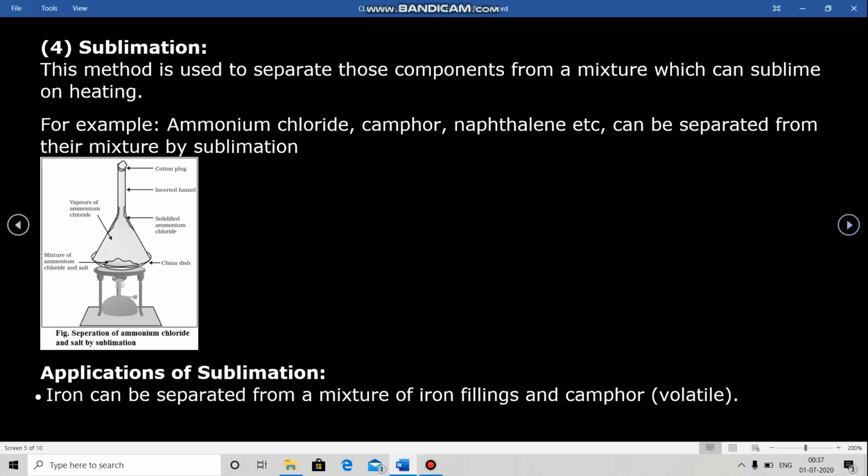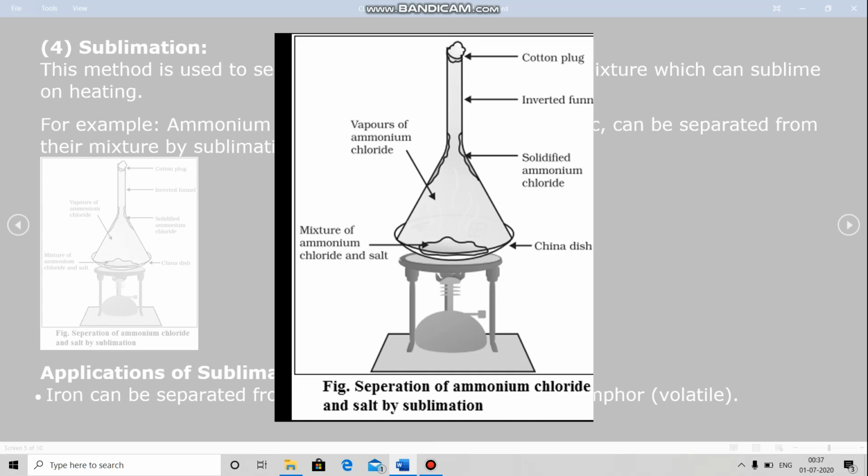Okay, so look at the diagram here. In a china dish, we have a mixture of ammonium chloride and salt, and there is an inverted funnel above this china dish. With the Bunsen burner, we just heat the mixture. After some time, we get vapors of ammonium chloride, which solidify as ammonium chloride at the top of the inverted funnel.